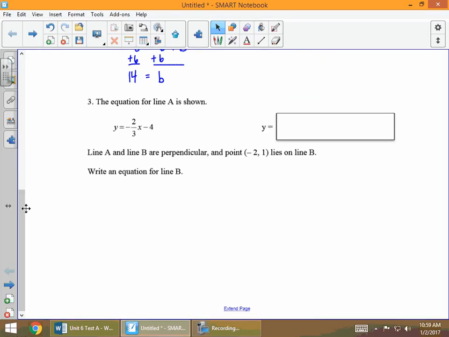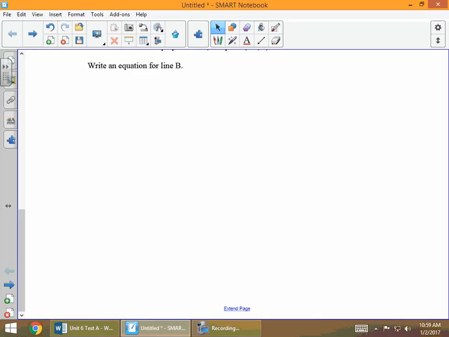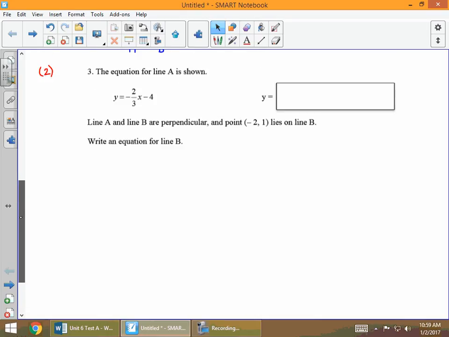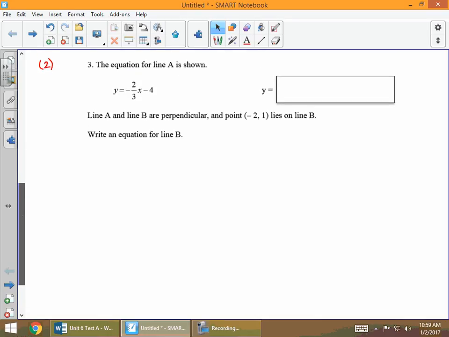This one is also worth 2 points. So that makes this page worth 10. It says the equation for line A is shown. Y equals negative 2 over 3x minus 4. Line A and B are perpendicular.